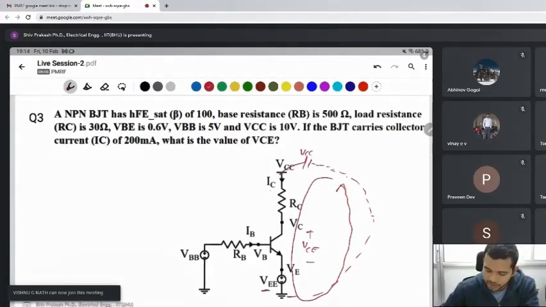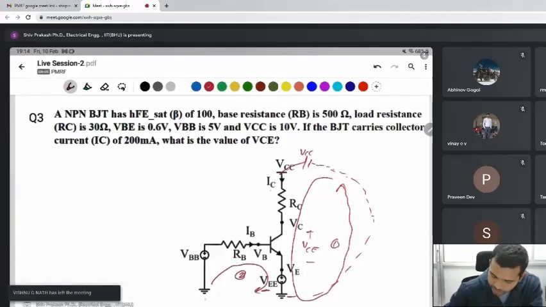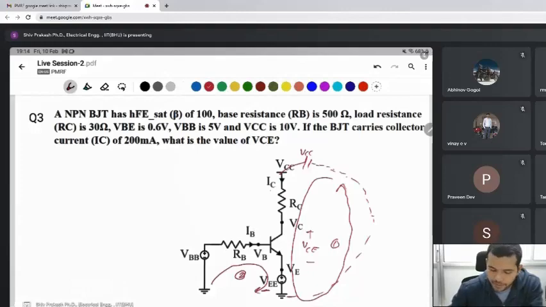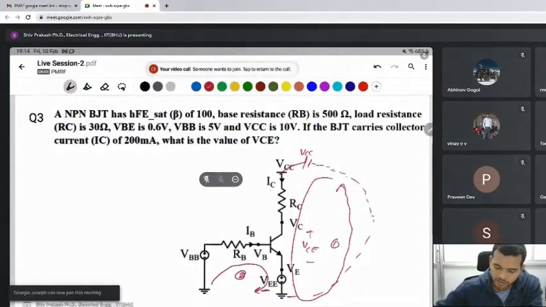Then first find the VE voltage, after that apply KVL to this loop. For finding this VE, you apply the second loop, written like loop 1, this one loop second KVL. In this you should have IB, but IB is also not given, so first find IB.